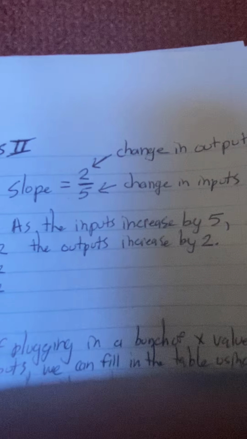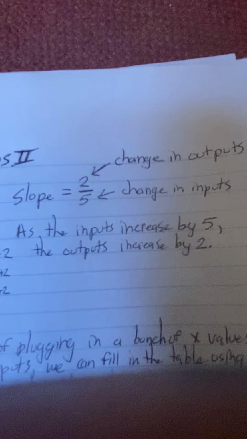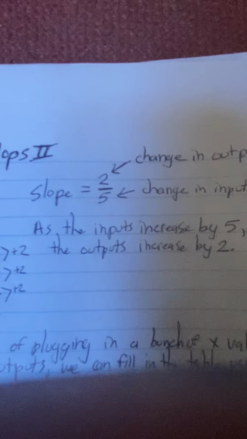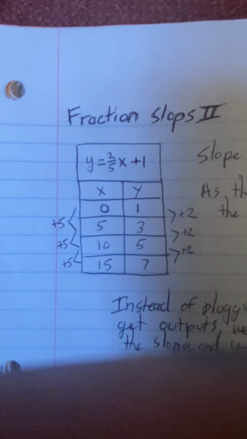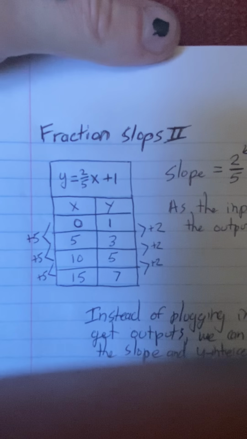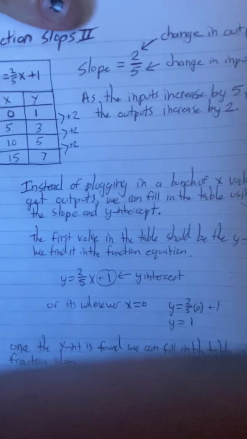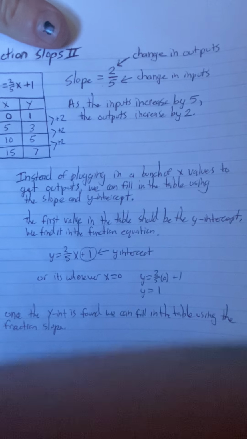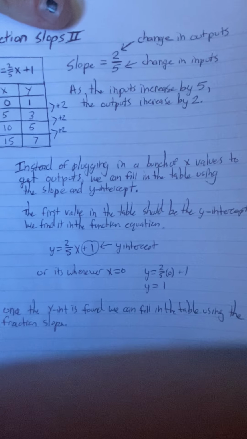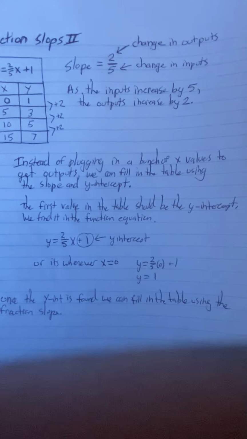So this helps us fill in the table because we can just add 5 to the inputs and 2 to the outputs. The only problem is we don't have a starting point. So the starting point we're going to use is the y-intercept, okay? So instead of plugging in a bunch of x values to get outputs, we can fill in the table using the slope and the y-intercept.